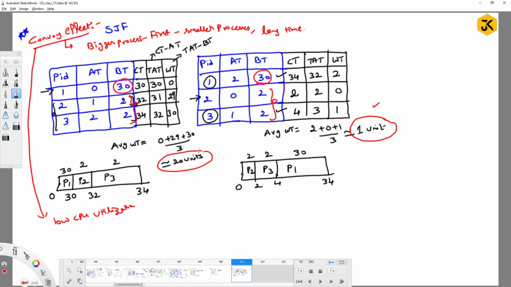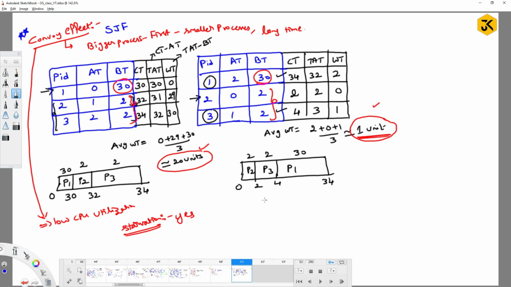When you look at the first example, the waiting time of the process is 20 units, and in the second example, the waiting time is going to be 1 unit, which means I can say it is going to have very low CPU utilization. And there is one more factor, starvation. Is starvation there in SJF? Yes. Why?